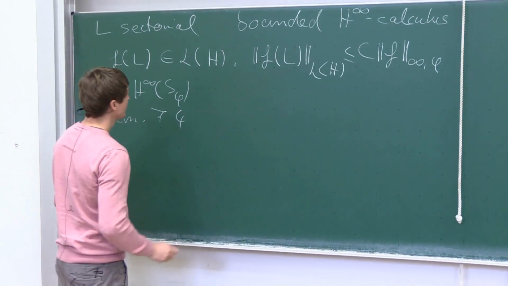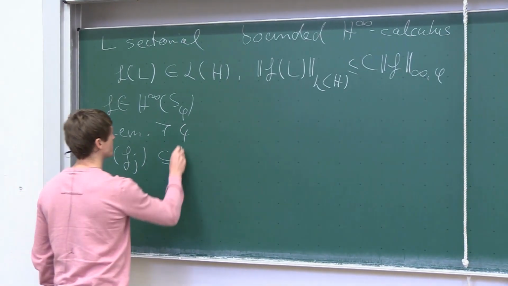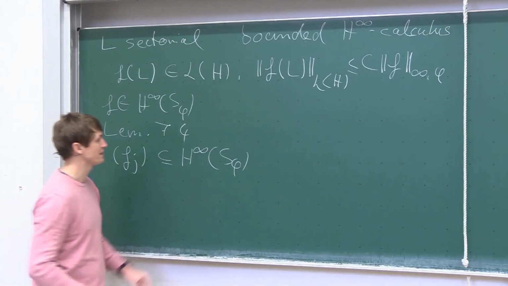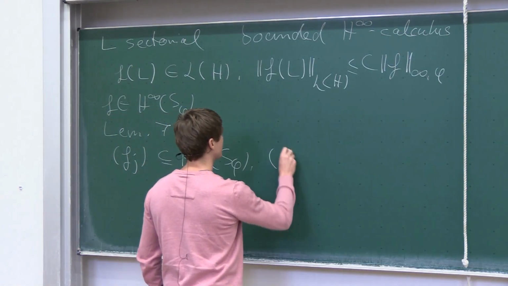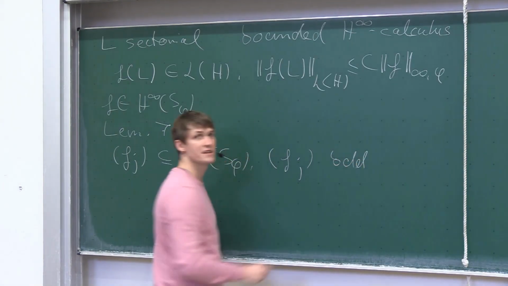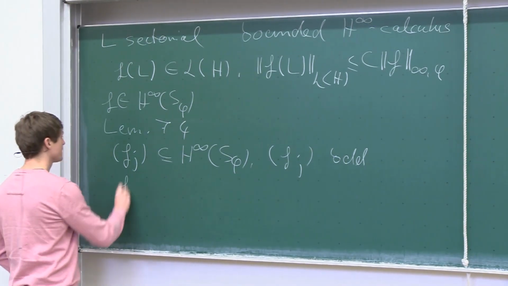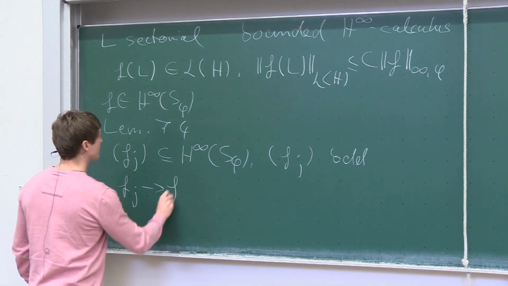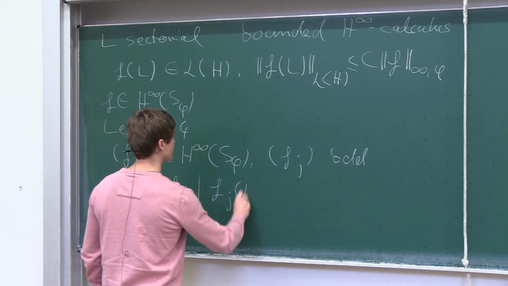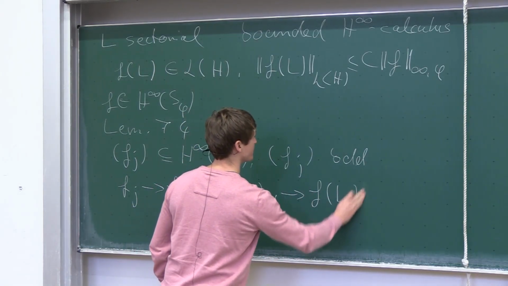And this said that if we have a sequence f_j of bounded holomorphic functions on some sector S phi, and if f_j itself is bounded and converges uniformly on compact subsets to some limit function f, then we can say something about the convergence of the operators f_j of L applied to u to f of L applied to u.